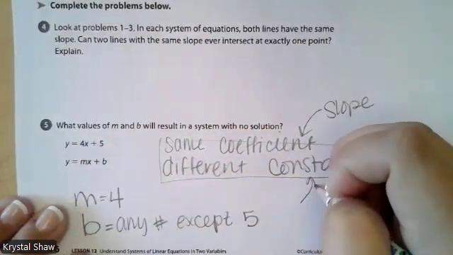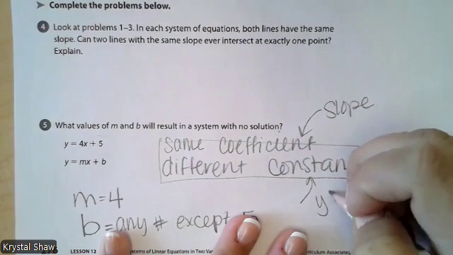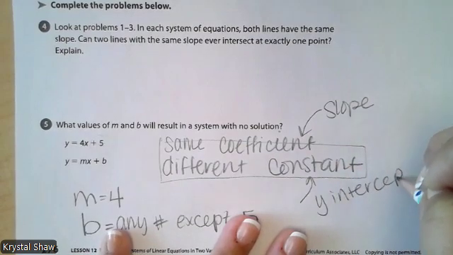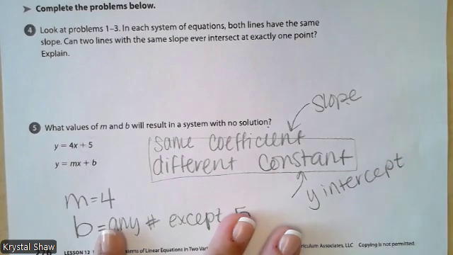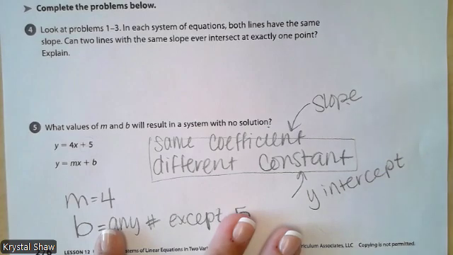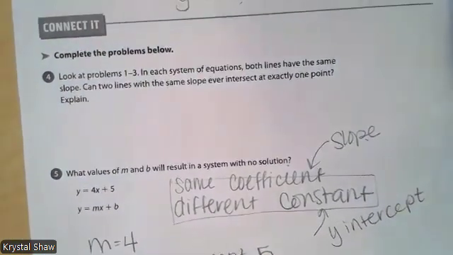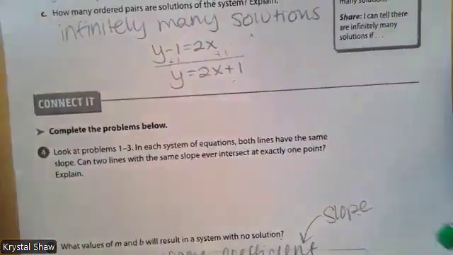My constant is my y-intercept. So if I have the same slope but different constant, then I am not going to have a solution no matter what.